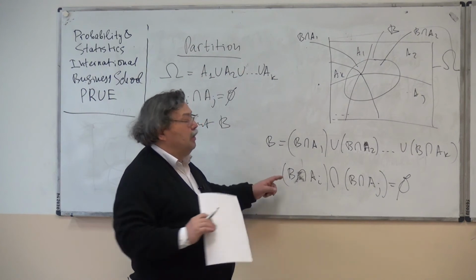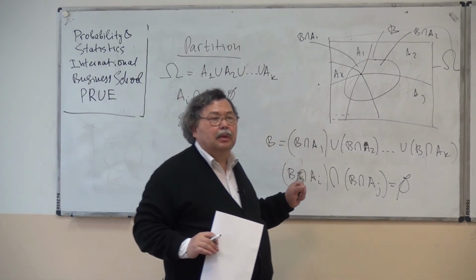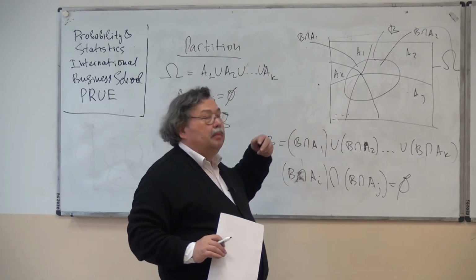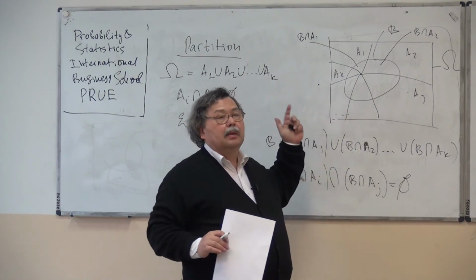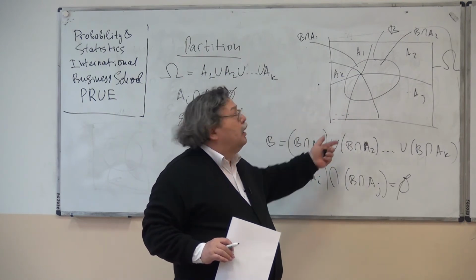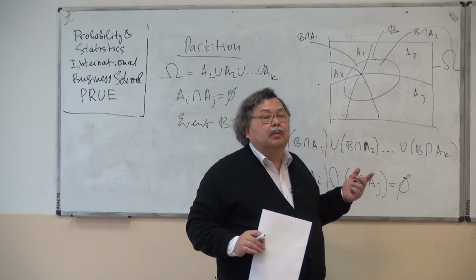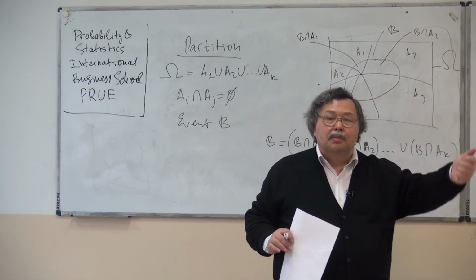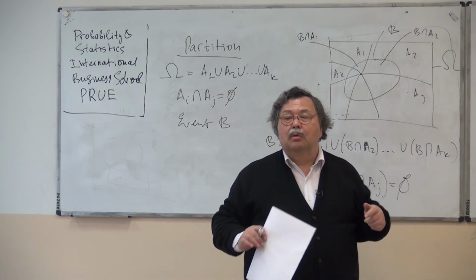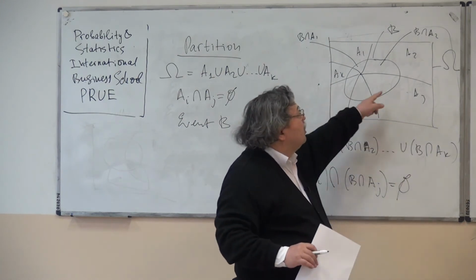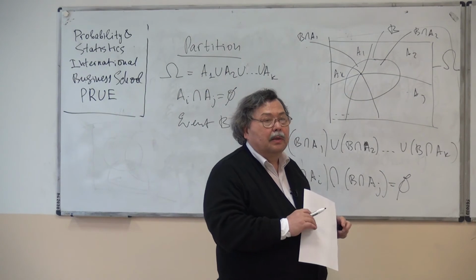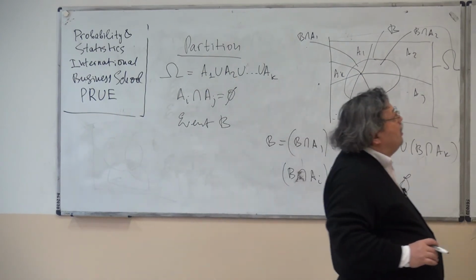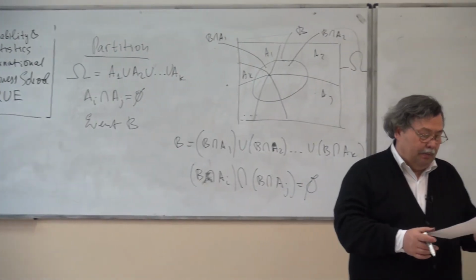Well, this formula may look a bit too involved, but the meaning is quite simple. If we have a partition, then any event B that we may consider in this sample space is also subject to this partition. It also falls into a number of mutually exclusive sections. Okay. Now, how do we use this observation?